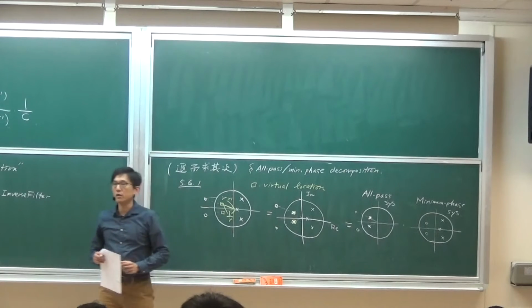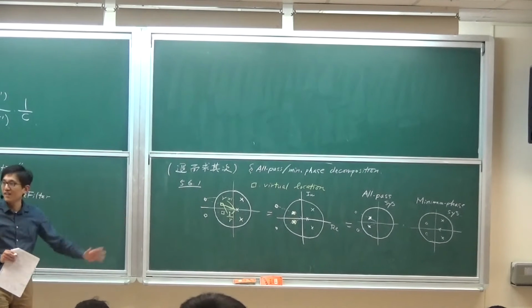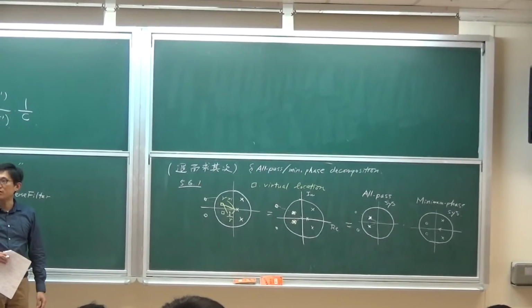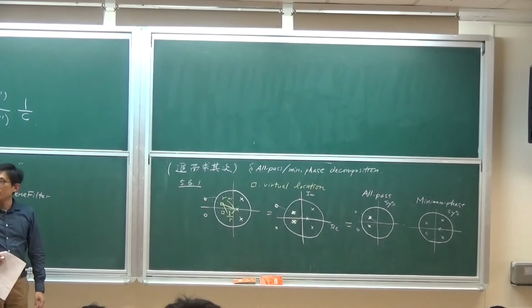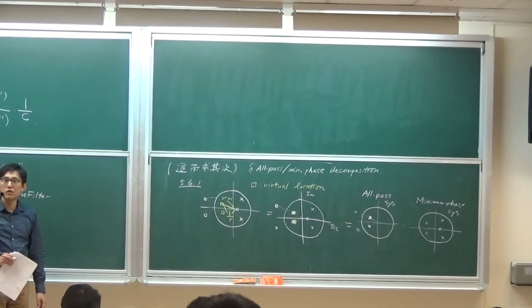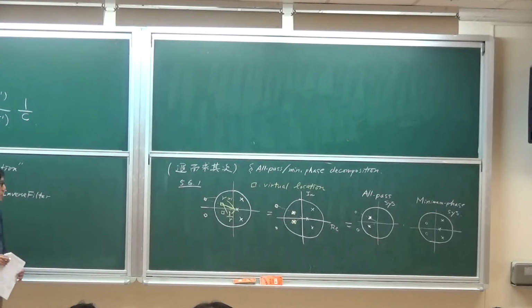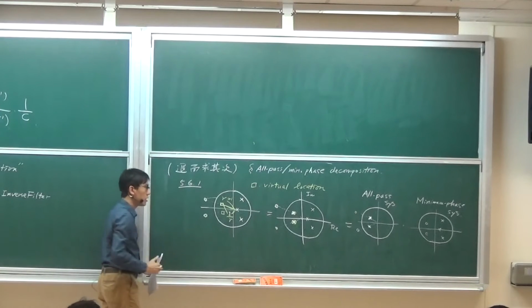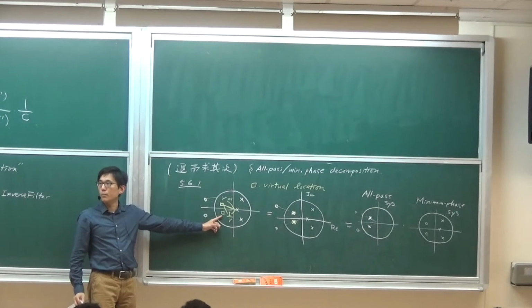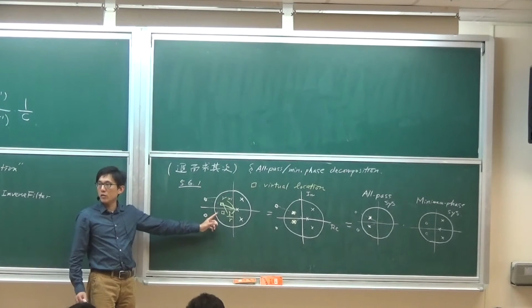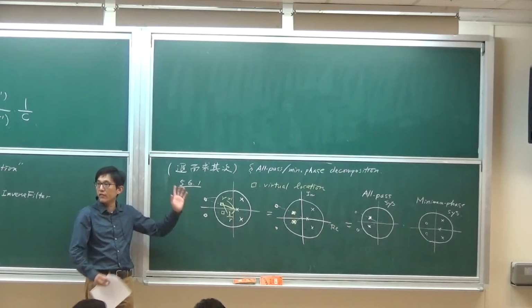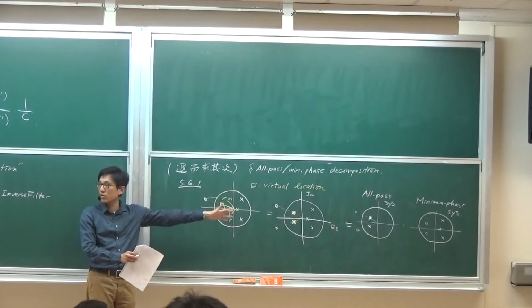Okay, I want to pause a bit. I want to let you ponder the beauty of this decomposition. It's very simple. You don't even need to make a derivation. The key idea really is to pay attention to whenever we have outside zeros, construct a virtual location and put poles and zeros over there, and immediately assign the virtual poles to pair up with the outside zero, and leave everything else inside the unit circle for the second part.